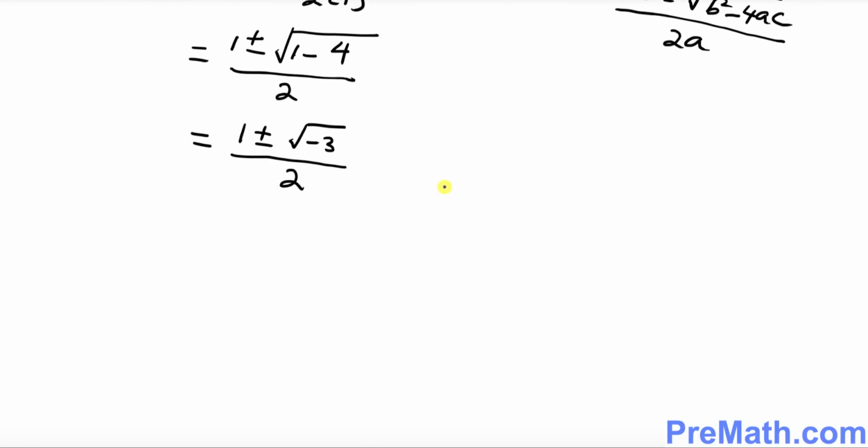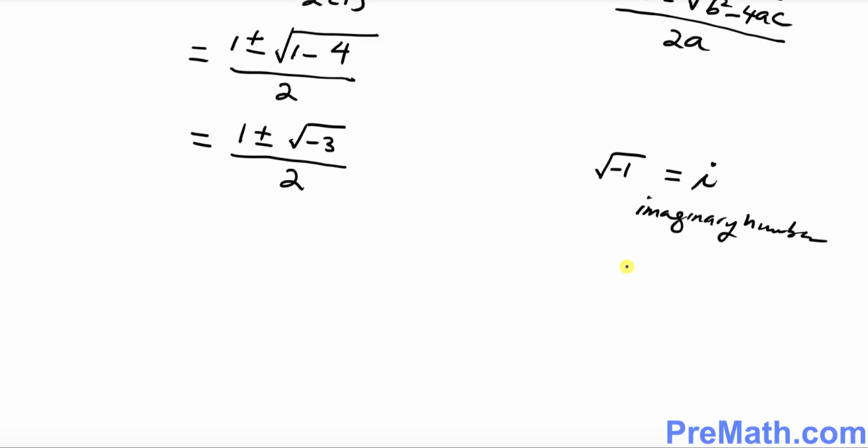Now as you can see, you remember that the square root of negative 1 is always equal to i. i is an imaginary number.